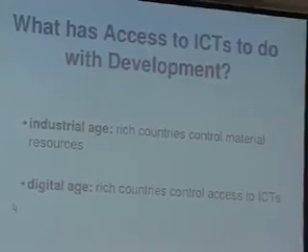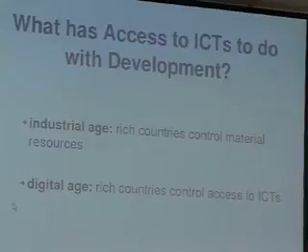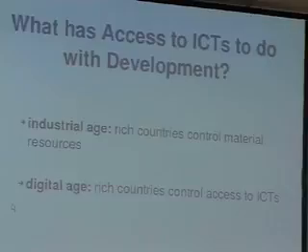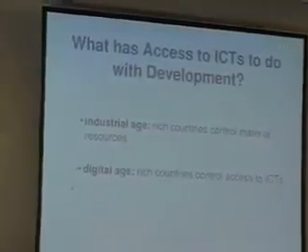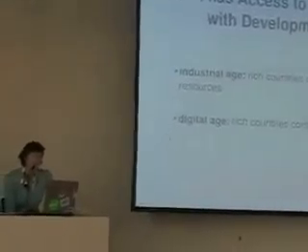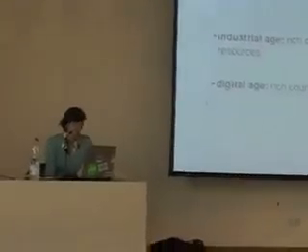While in the industrial age, although most of the material resources are located in the southern hemisphere, citizens of poor and developing nations have not benefited from the situation, because for the most part, the exploitation of these material resources is and was done by the richer countries, respectively by their corporations.